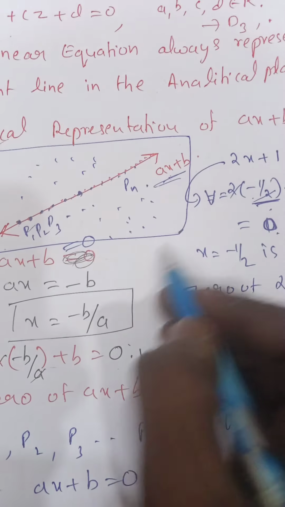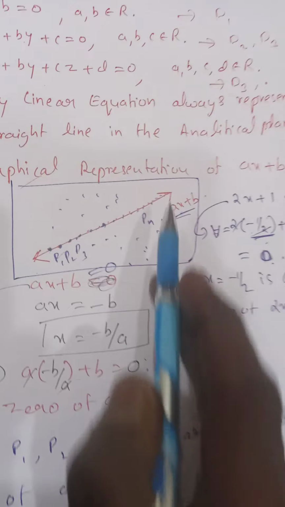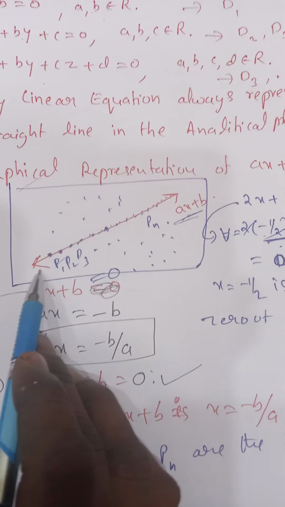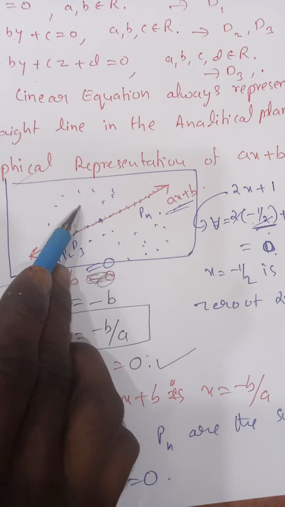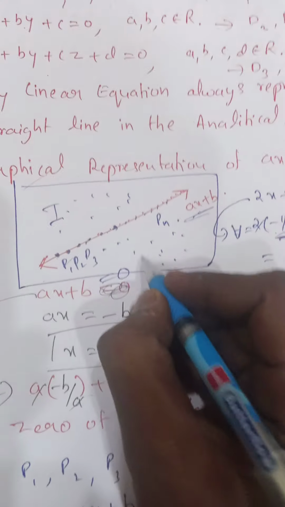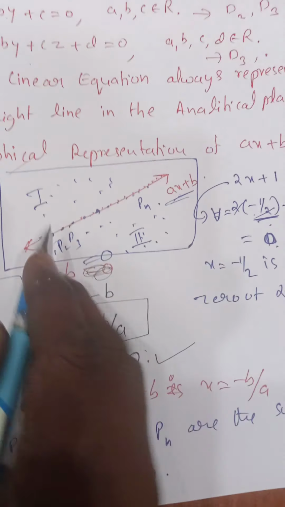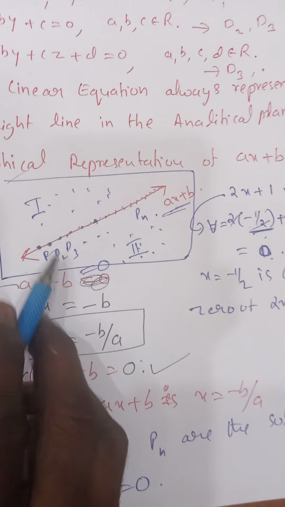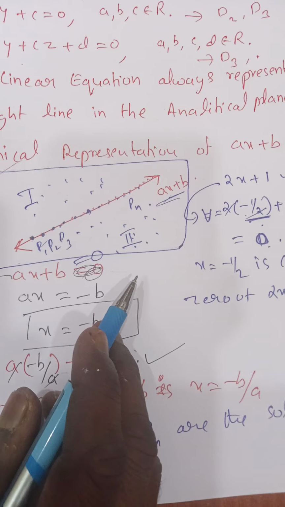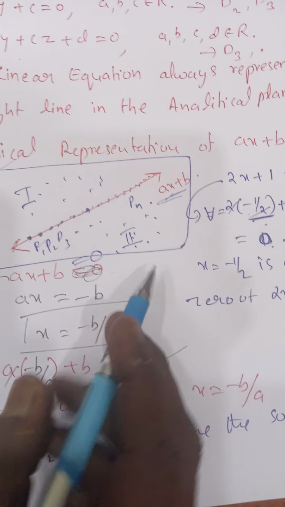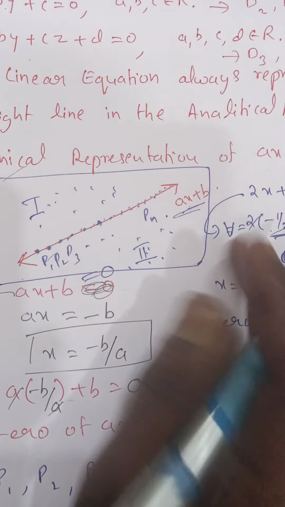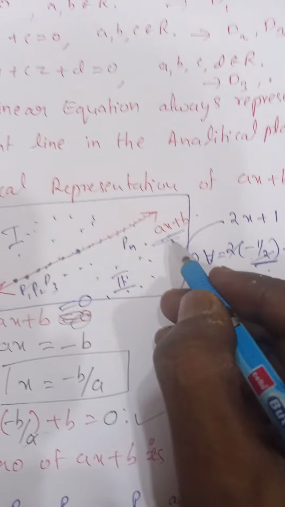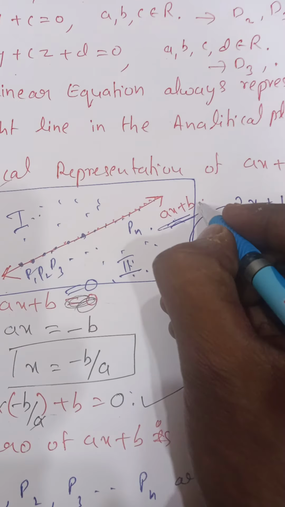They are the right side points. So that means this line divides the whole plane into two separate parts. This is the first part and this is the second. Two half planes will come. You need to remember here that both these half planes represent its corresponding linear inequations.